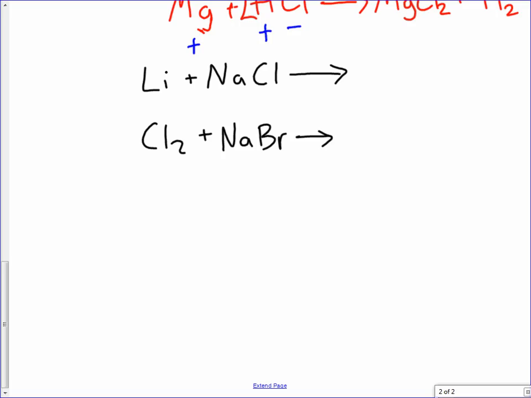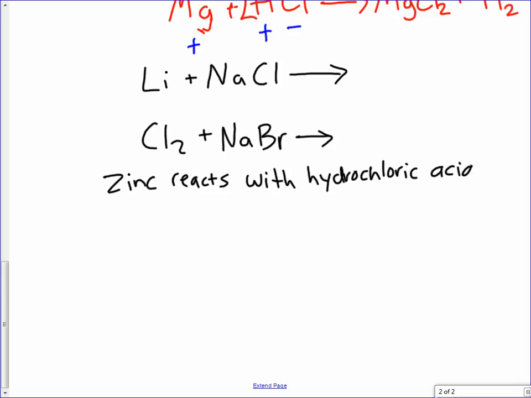And for the last one, let's do zinc reacts with hydrochloric acid, which is just HCl, if you didn't remember. So go ahead and pause it, give those a shot, and then I'll come back and do the solutions.